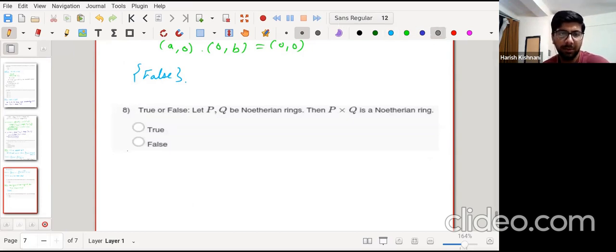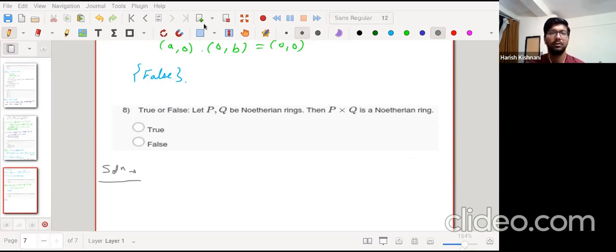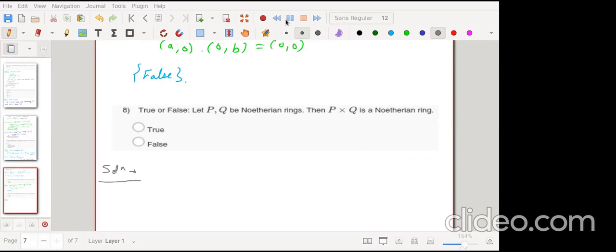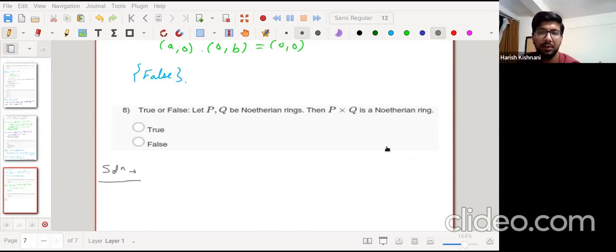Some intuition to start with, true or false. This is true. Any reason why it should be true?